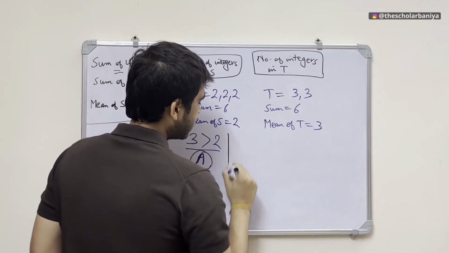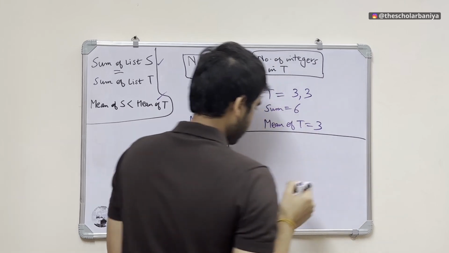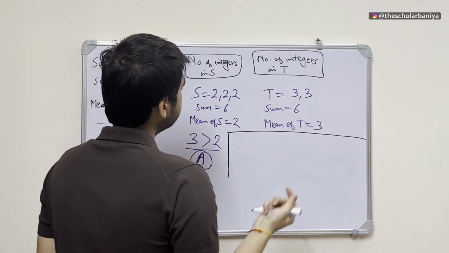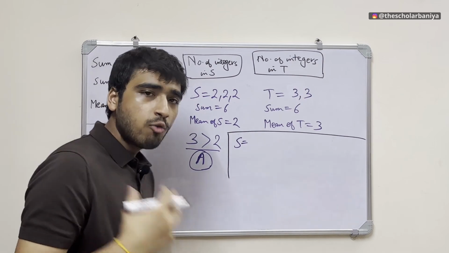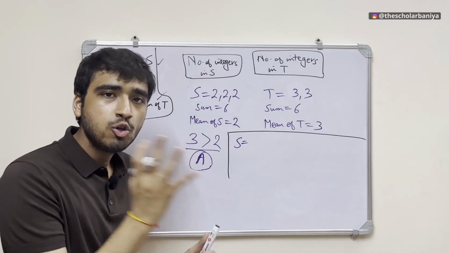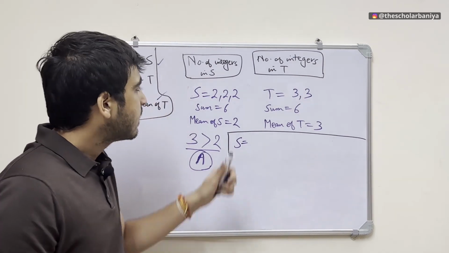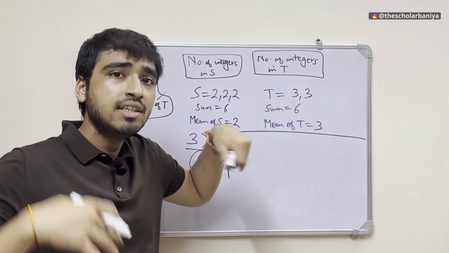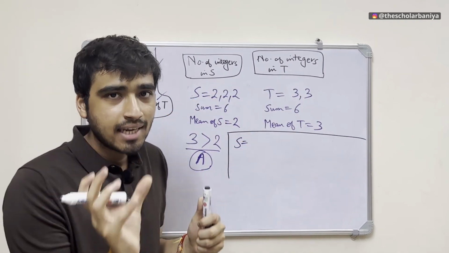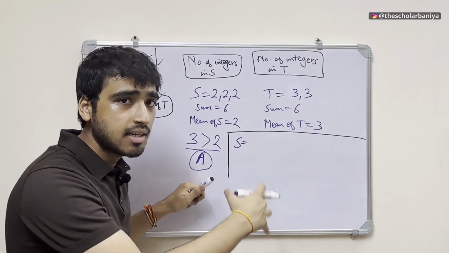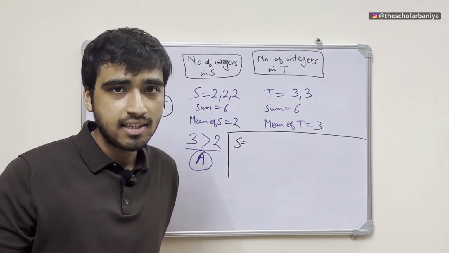Now let's take another case. For example, now what we are doing is that we want to prove the opposite. We want to prove that the number of integers in T is greater than the number of integers in S, so that we'll get D as an answer. Sometimes the answer is A, sometimes the answer is B, so we'll get D finally as the answer.